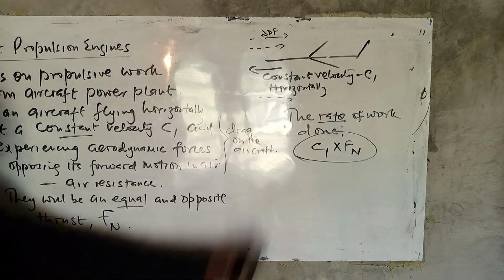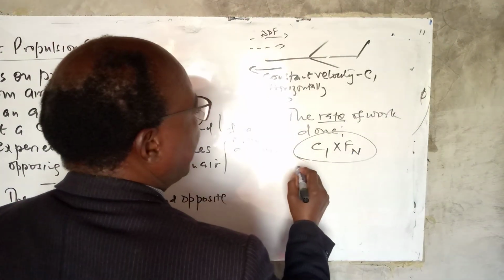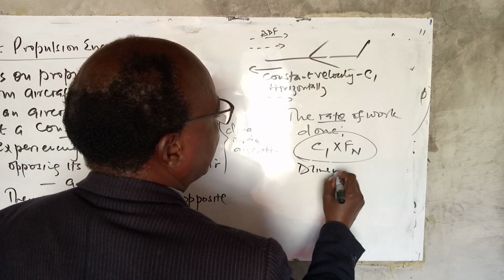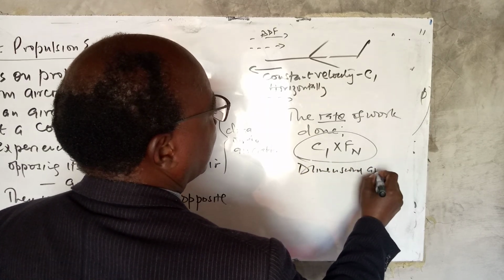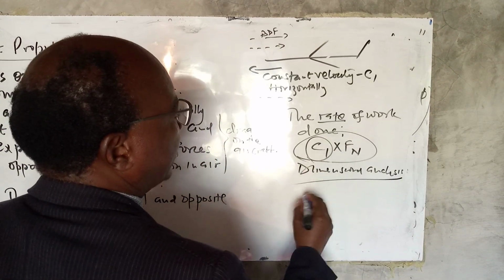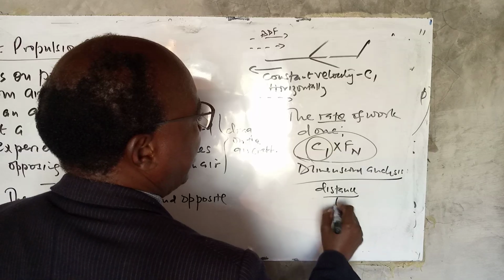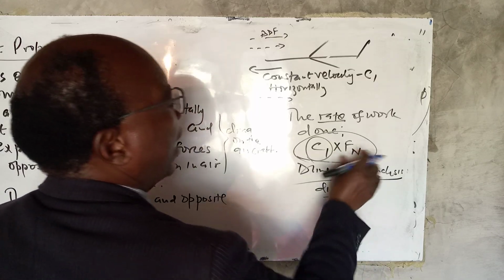And why is it called rate? What is C1? That's velocity. Remember, from dimensional analysis, that is distance over time. And what is Fn?